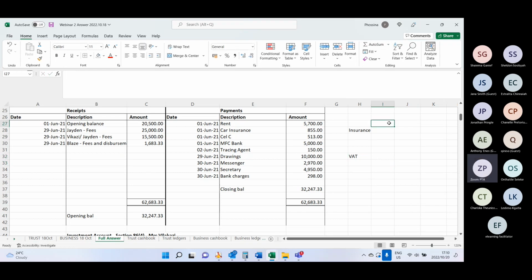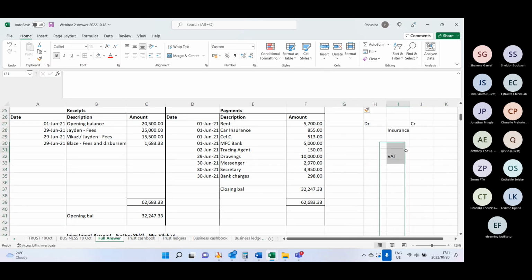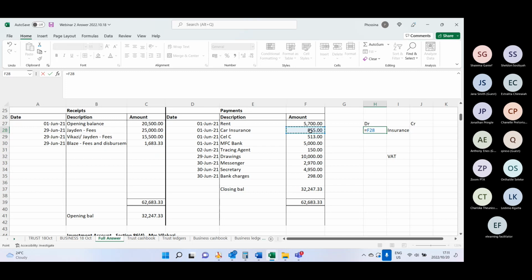Okay, so say this is the credit, this is the debit of our accounts. Okay, like that. Let's put space. So on our insurance account, because already we've credited our bank when we're paying, this is the credit side, then it means we are going to come and debit our insurance to complete the double entry.